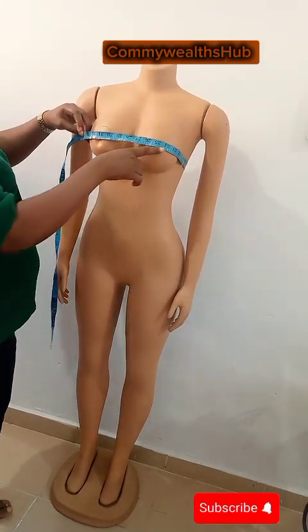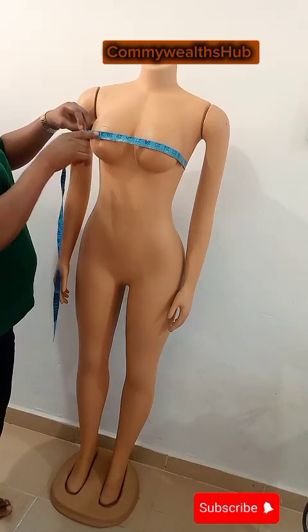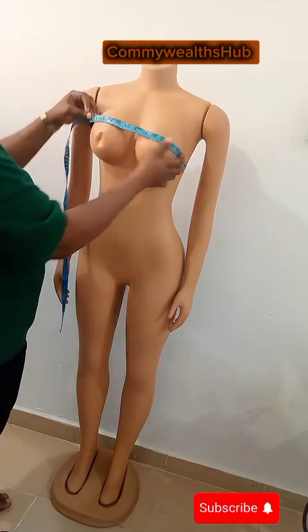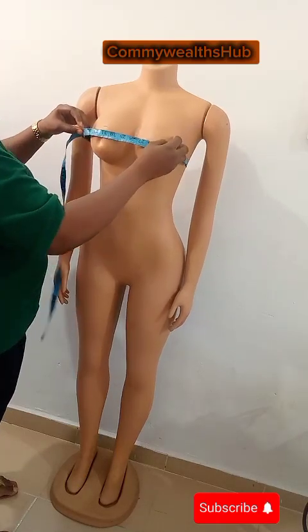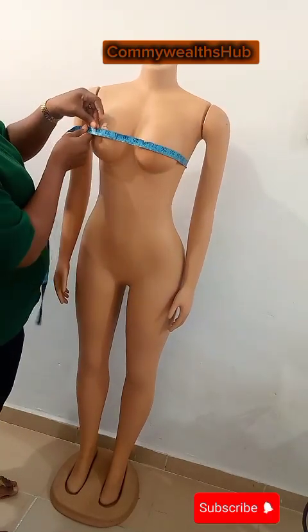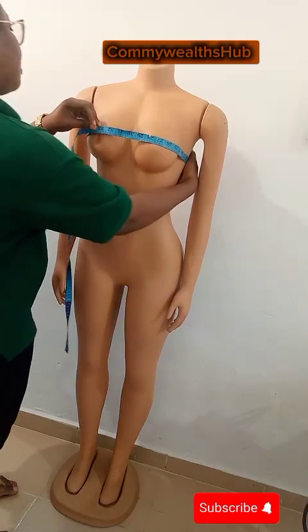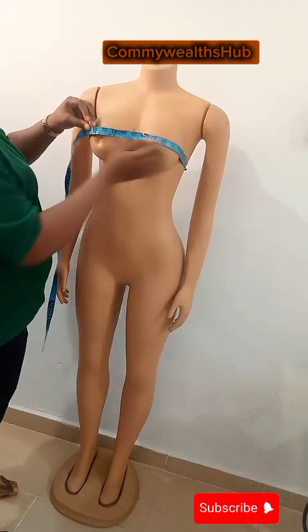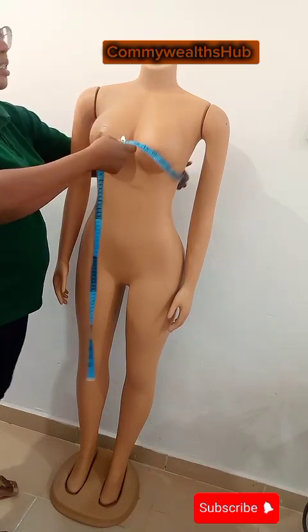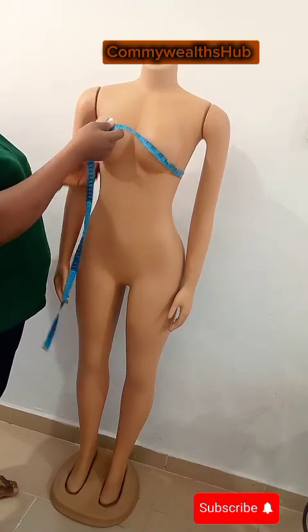When you are measuring, ensure that your tape is positioned at the middle part of this person's bust, the fullest part of the bust. That's where your tape must go round. Sorry, my mannequin is slippery. That's why it's falling off.